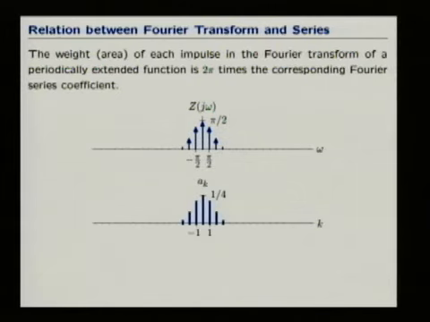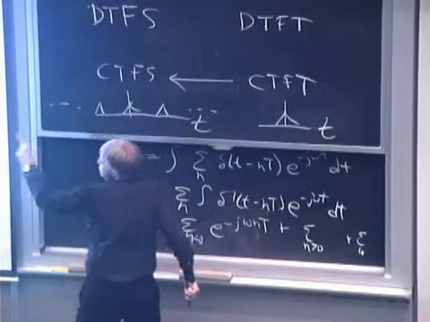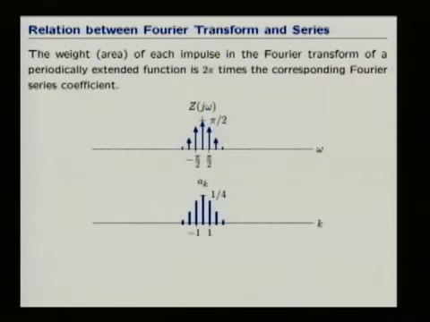And that's the reason we can think about the Fourier series as being just a sequence of numbers. In fact, those numbers are the same, or they differ by 2 pi. Right? So I have to multiply these by 2 pi to get the Fourier transform coefficients, because the Fourier transform of e to the j omega naught t is 2 pi delta.